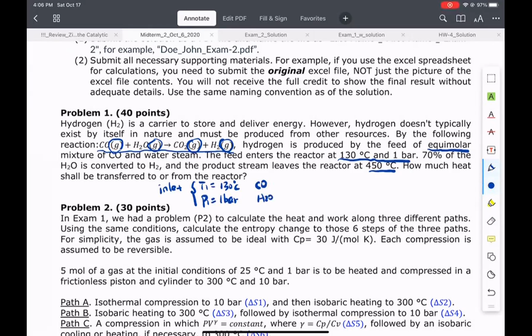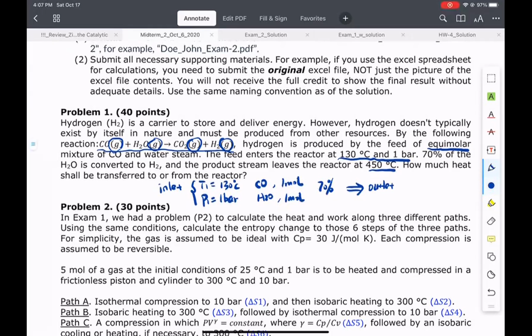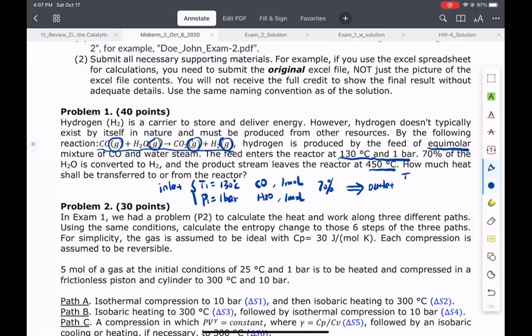So we can assume this is 1 mole, this is 1 mole, and the 70% will be for the reaction conversion, and then the outlet will be T2 is 450 degrees C, and P2.